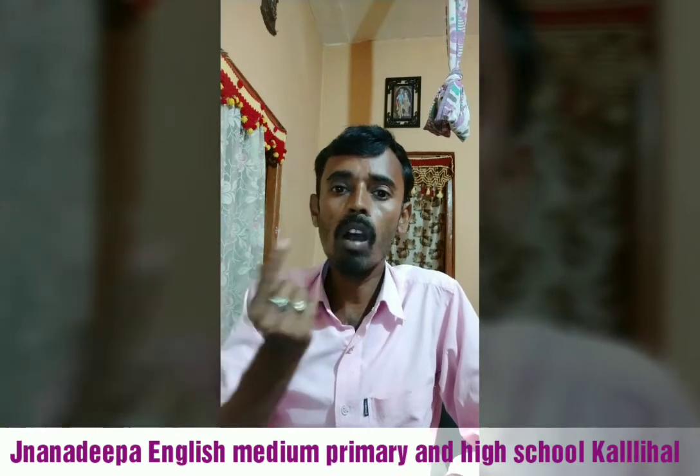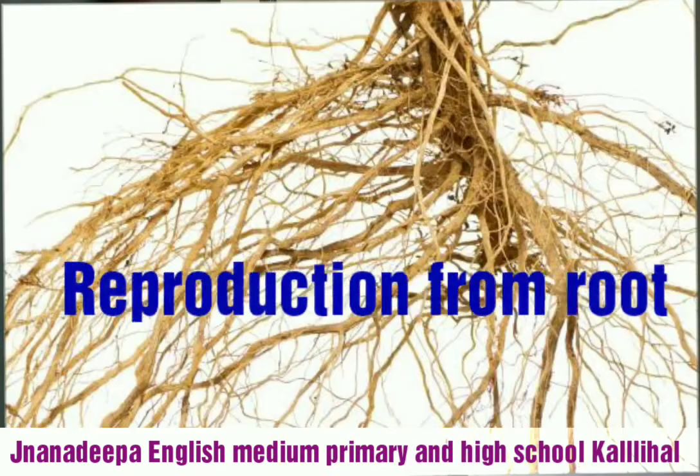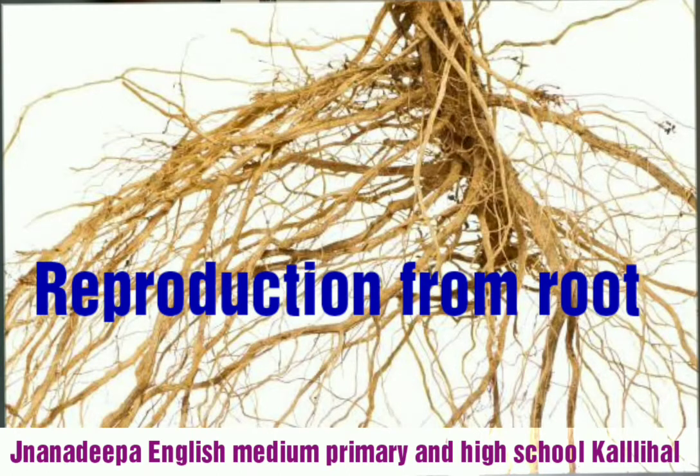Some underground stems have small buds on them. When they are planted in soil, new shoots grow out from the buds. For example, potato, ginger, etc. Next one is reproduction from root.